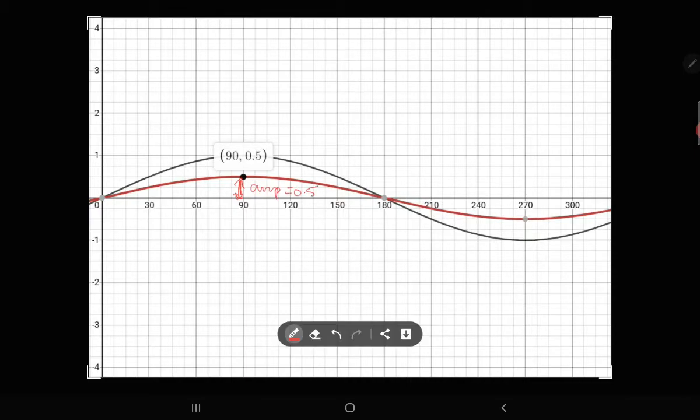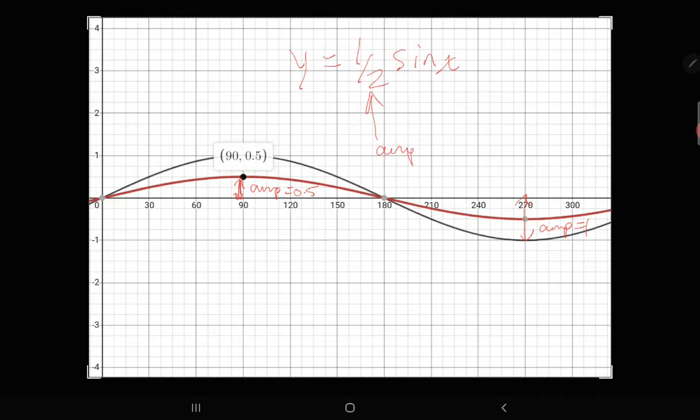Whereas before, in the original function, amplitude equaled 1. So once again, whatever number is in front of your sine x, that becomes your new amplitude. That is also called a vertical compression because now we're flattening the curve. It's a vertical compression by a factor of 1/2.